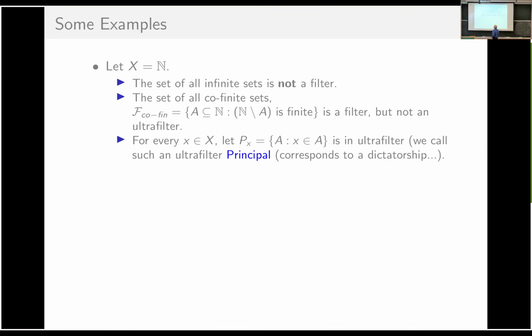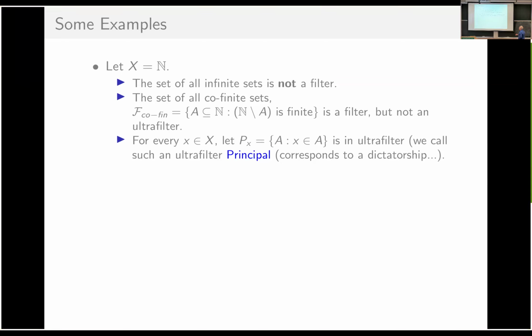So here are some examples. The set of all infinite sets is not a filter. You can have two infinite sets, the odd numbers and the even numbers, and if you take the intersection, it is empty. So it's not a filter.